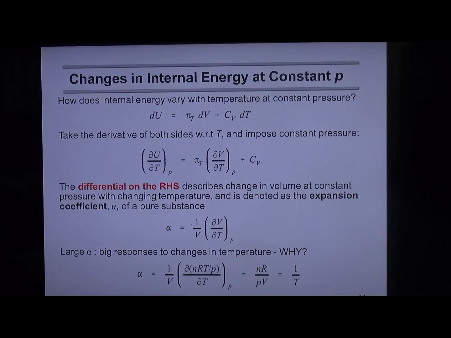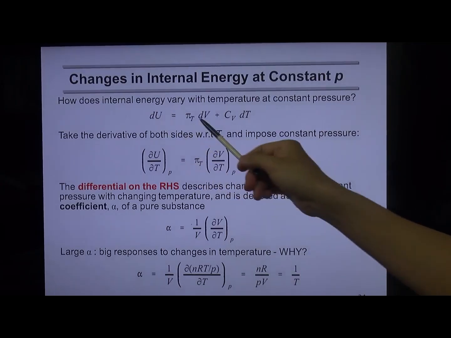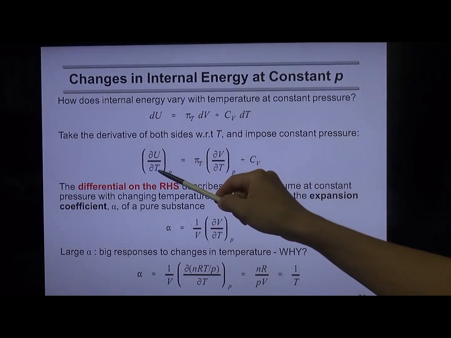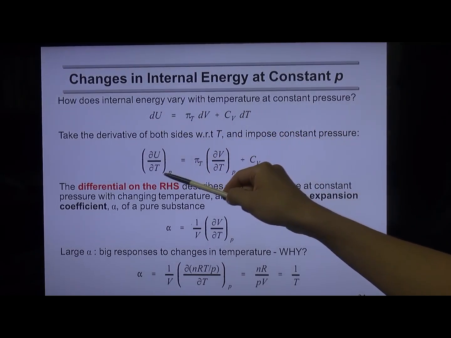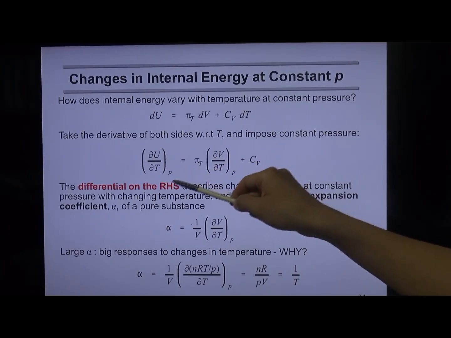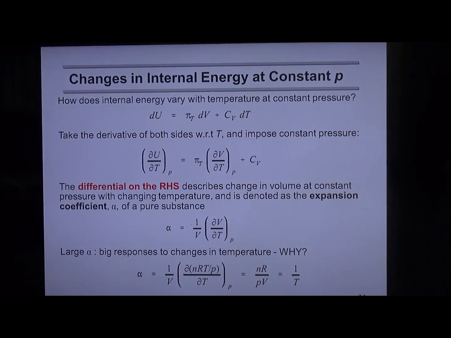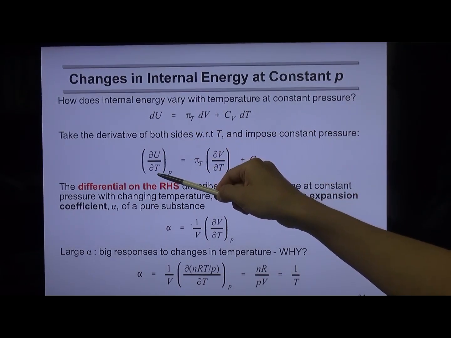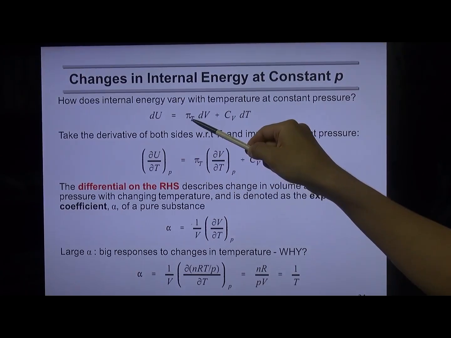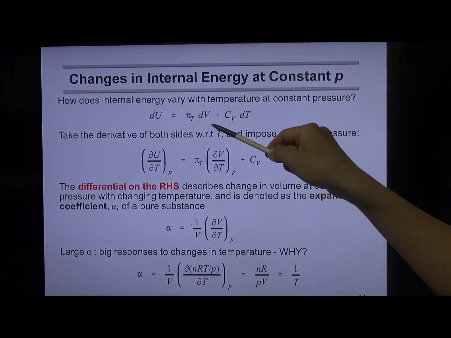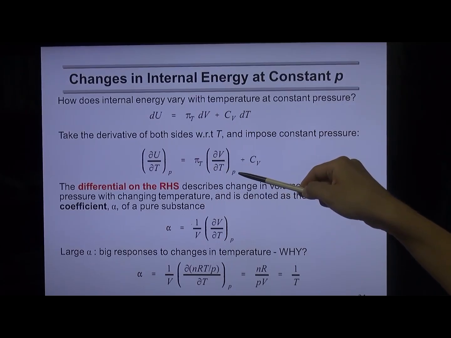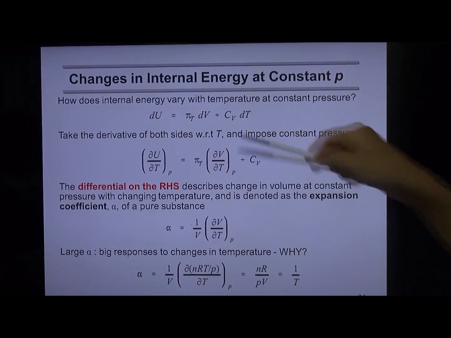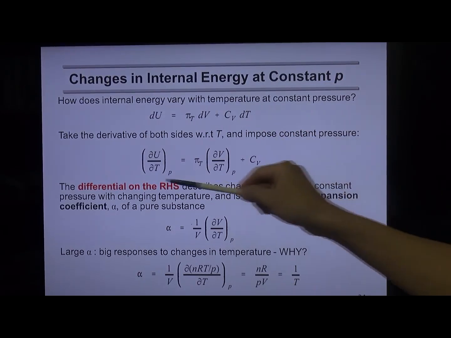It's simple mathematics, right? You divide both sides with dT, round T here, and take the constant pressure on both sides. Okay? You divide dU with dT at constant pressure. You divide pi_T dV with dT at constant pressure. You divide C_V dT with dT, and you just remove dT, and you get C_V. That's it. Okay?